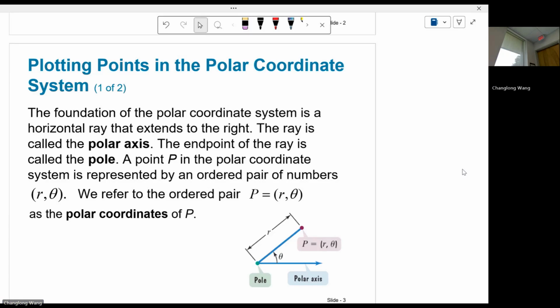For example, let's say again, think about the radar. If this is north, this is east, that angle is say 30 degrees. On radar they have those scales, so you can tell, relatively speaking, how far they are from the center of the screen. Let's say this r is, say, 10 miles.